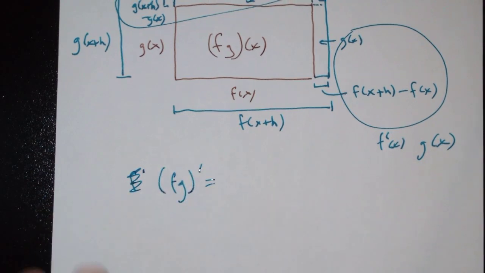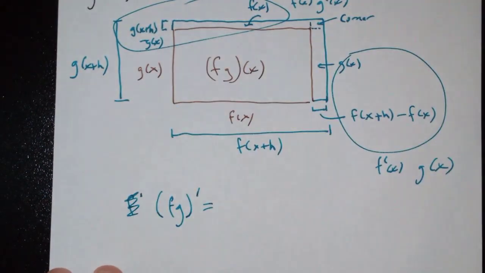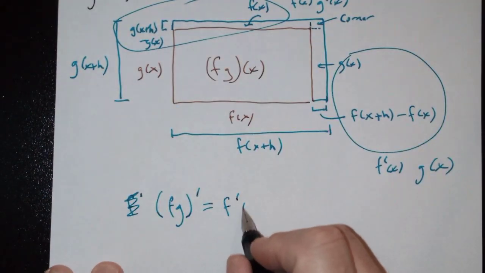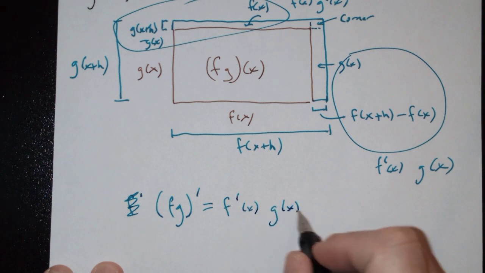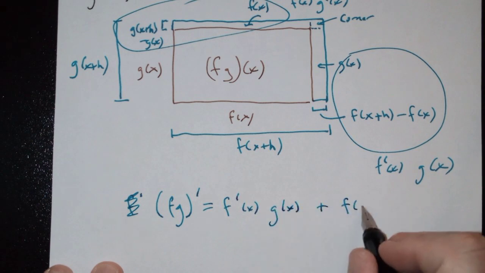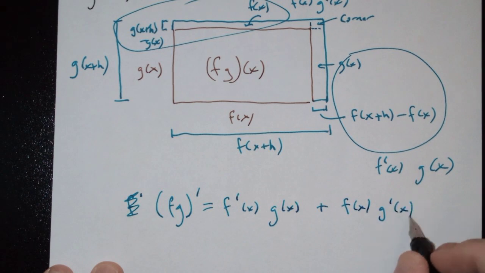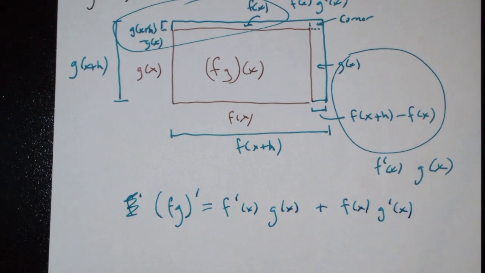If I want the change in this area, what I should take is the derivative of these functions one at a time. The derivative of f, leaving g alone, add f times the derivative of g. But one at a time.